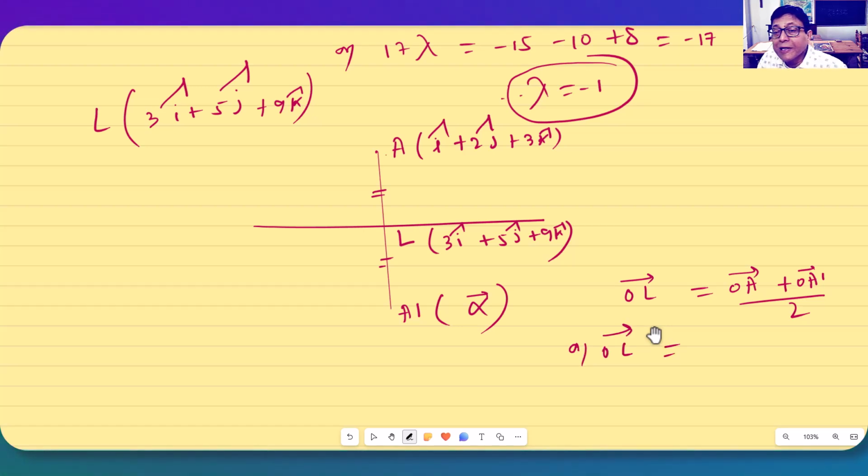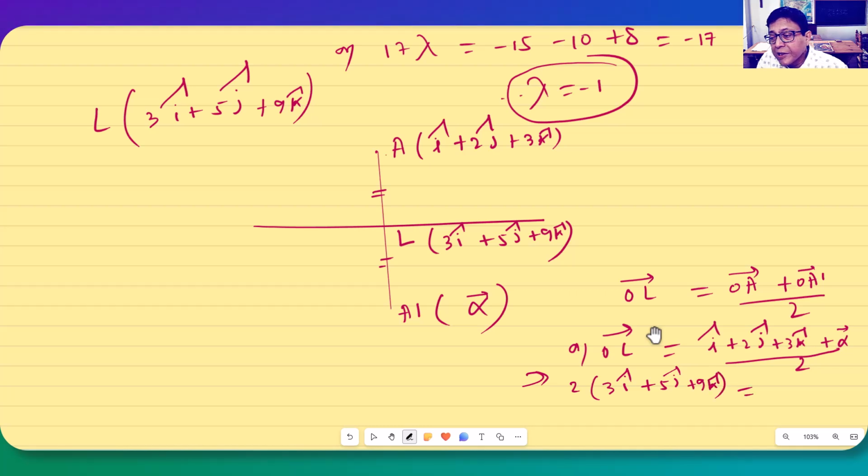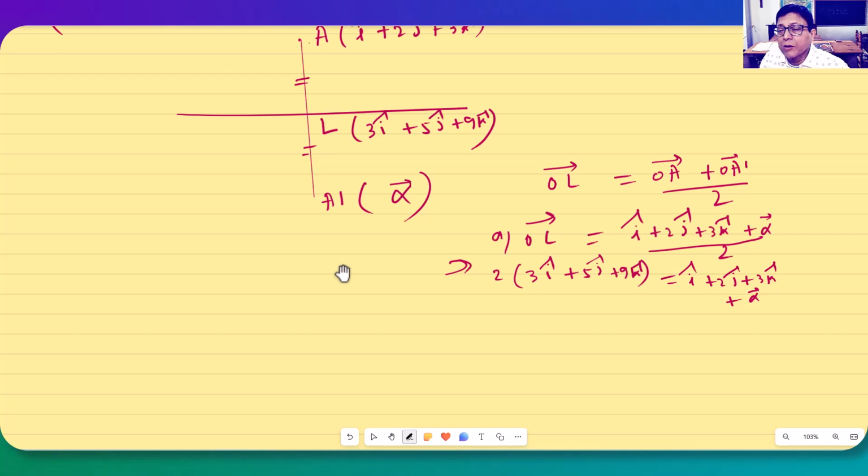Position vector of A, O is the origin, however we don't know, it is i plus 2j plus 3k plus alpha by 2. OL we have got. 2 into OL, that is 2 into 3i, 5j, 9k equal to i plus 2j plus 3k plus alpha. So the value of alpha is found out.